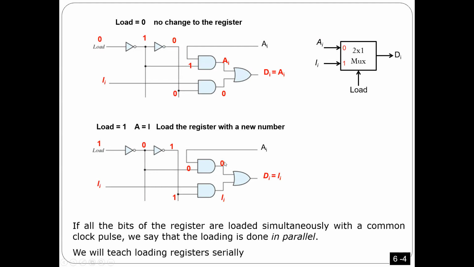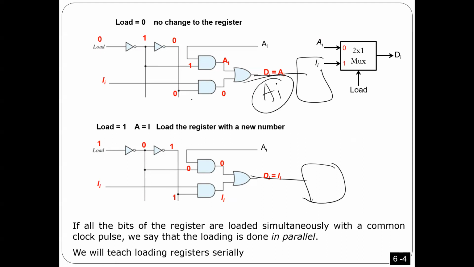Because here we have 0, I'm going to get here 0. This is II, so I'm going to get here the II input, and this is the input of the flip-flop. So we have a flip-flop here. In case load is equal to 0, no change, so I input the same value again, or I input the new input when you load it.